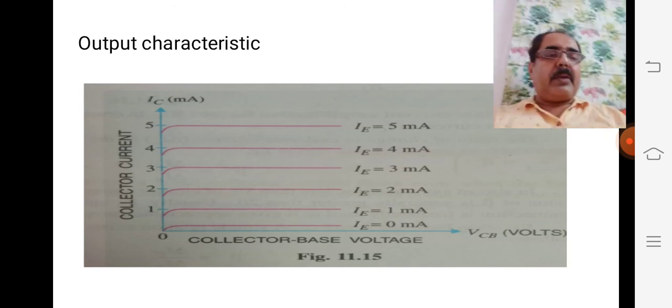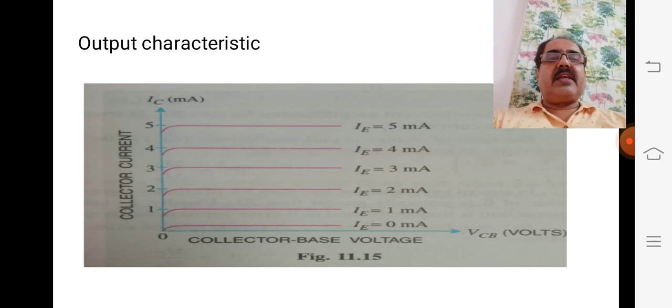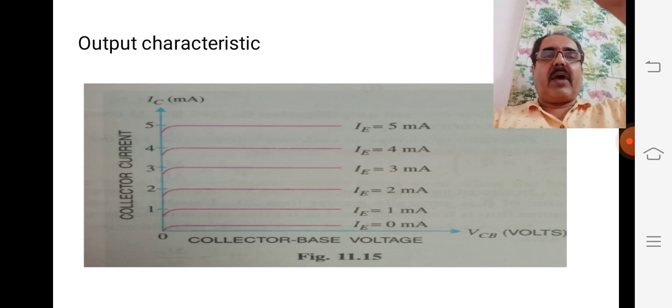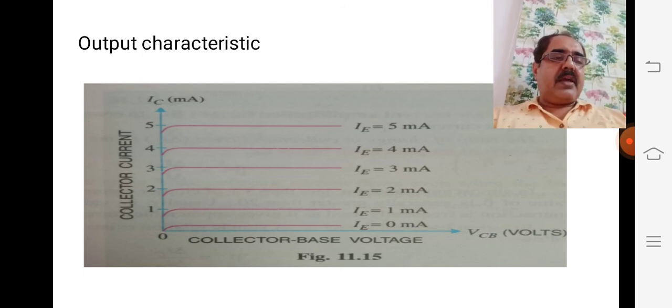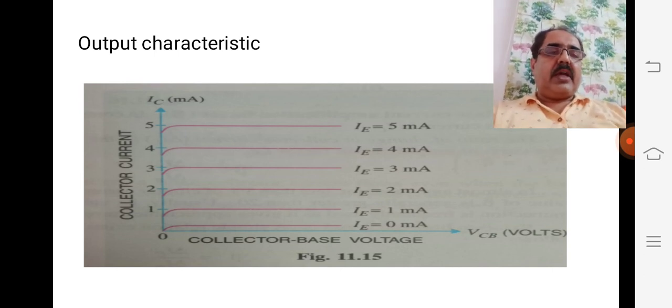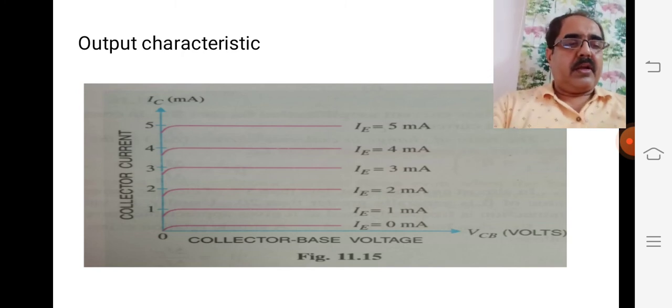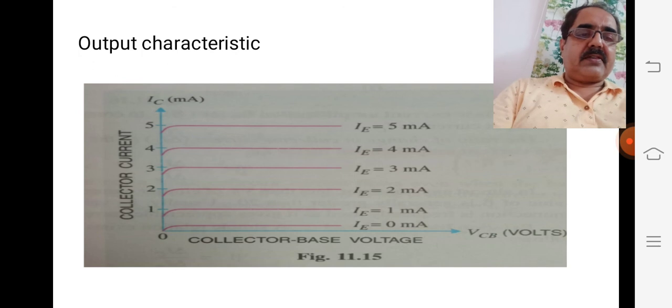It is the curve between the collector current IC on the y-axis and the collector base voltage VCB on the x-axis, at constant emitter current IE. Generally, the collector current is taken along the y-axis and the collector base voltage along the x-axis, as shown in this figure.